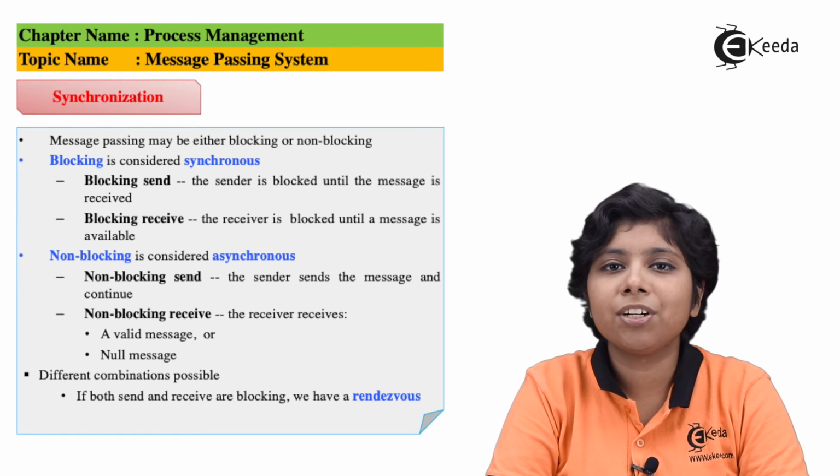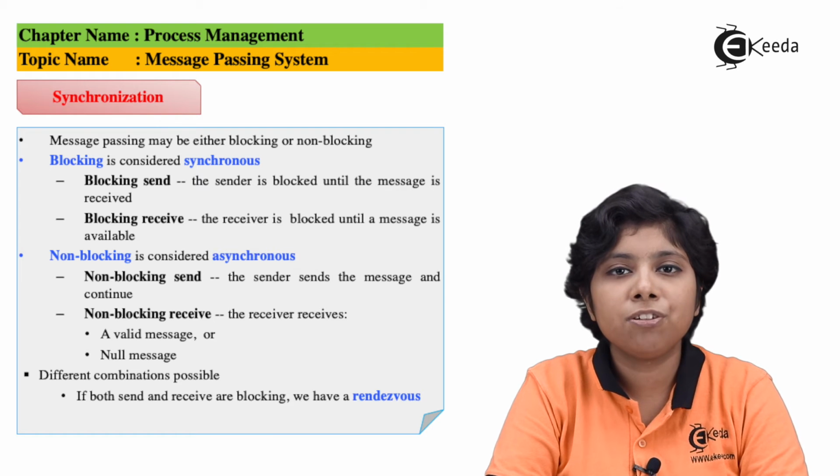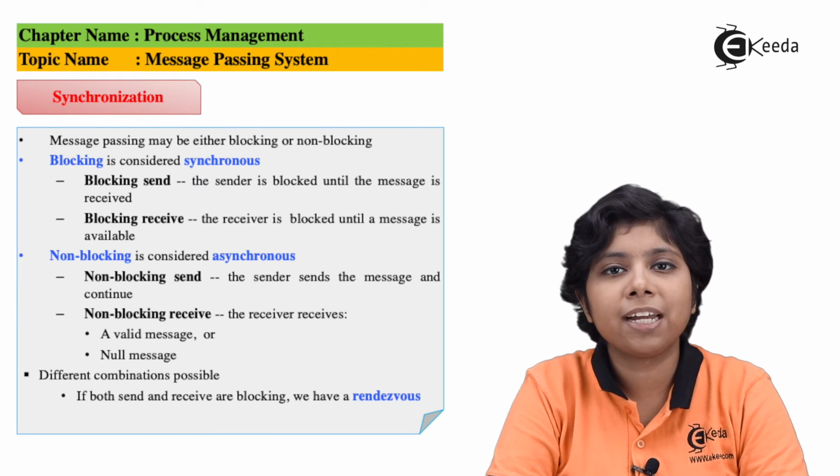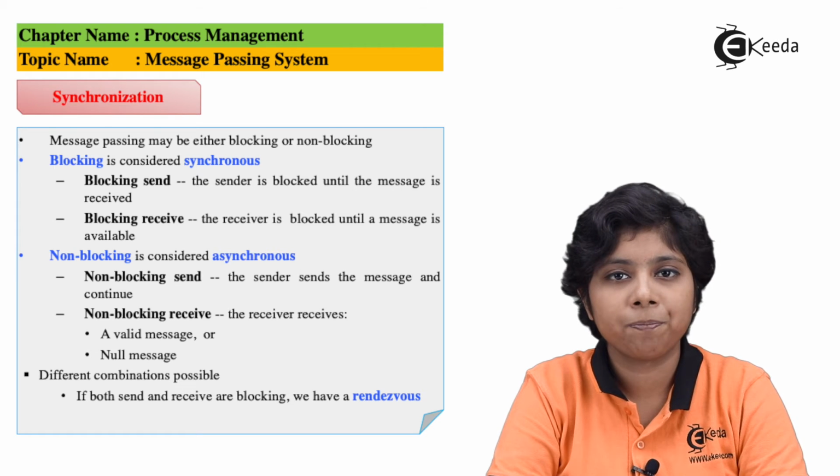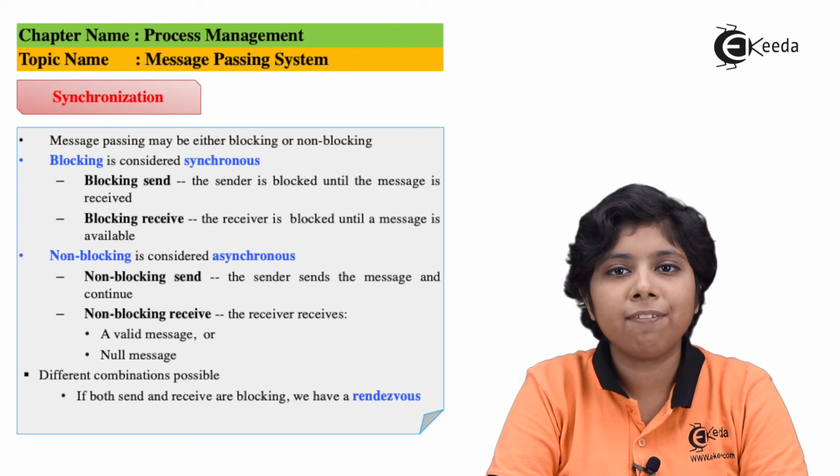So while the receiver receives the messages in a synchronous or blocking send, the sender cannot send any messages or place any messages in the mailbox. And in a blocking receive, the receiver is blocked while the sender is sending a message, until the message is placed into the mailbox.